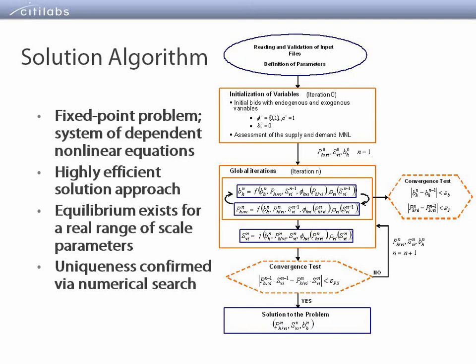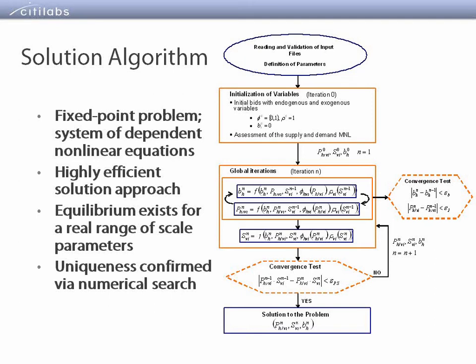It's a fixed point problem which we model as a system of dependent nonlinear equations. And really what Francisco Martinez and his team have contributed is a highly efficient solution approach. It's very fast, very efficient, and an equilibrium exists for a real range of scale parameters, which we programmed into the software. The uniqueness is confirmed via numerical search. So we have confirmed via numerical search that this provides a unique equilibrium.